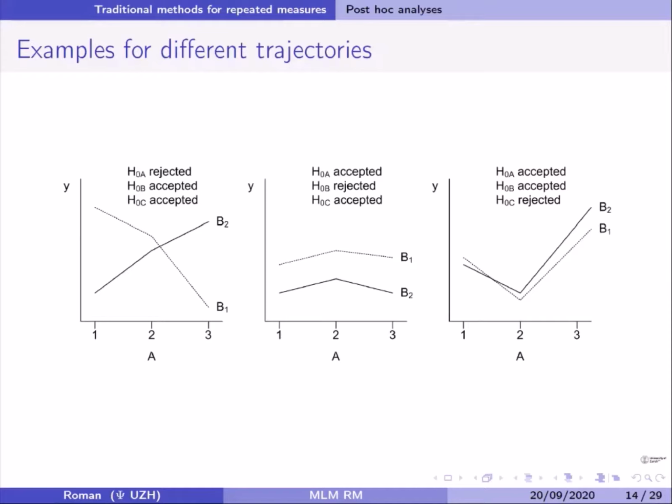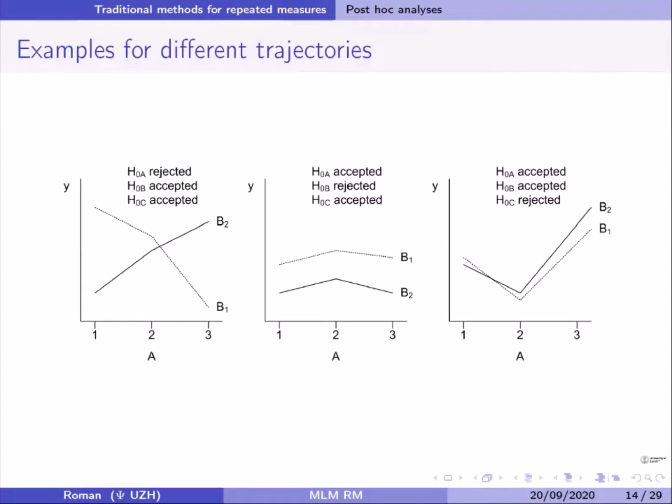And so we have a temporal trajectory here over A, we have change, but the change is different. So group B1 at time 3 is different than group B2 at time 3. Again at time 1, not at time 2. So there is change across time between the groups. H0A rejected.